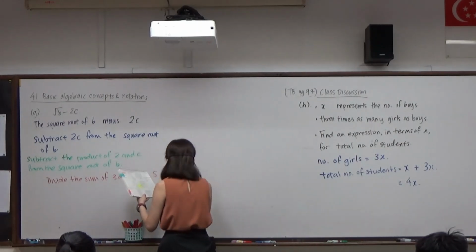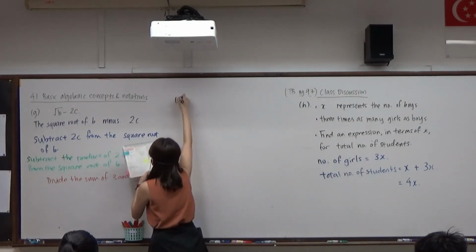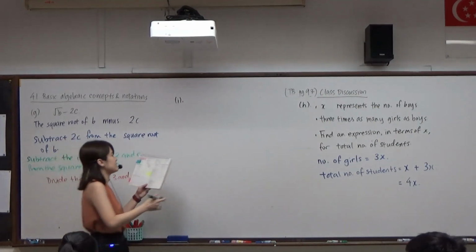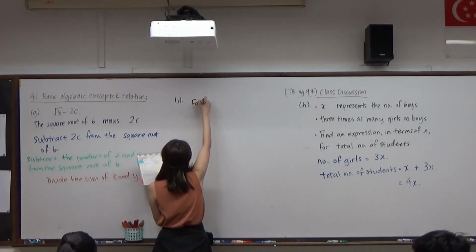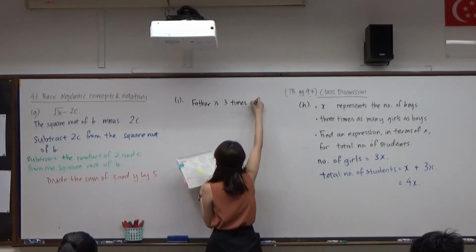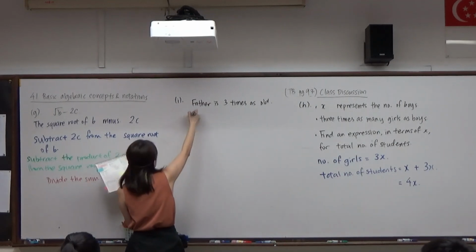Next we look at part I. It says that Nadia's father is 3 times as old as her. Father is 3 times as old. And then the brother is 5 years older.